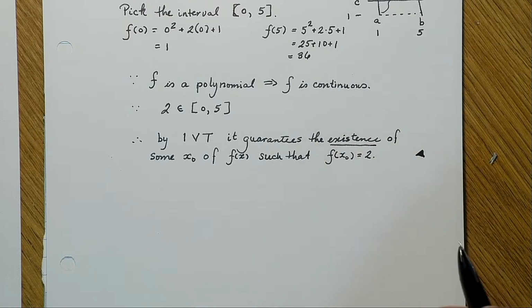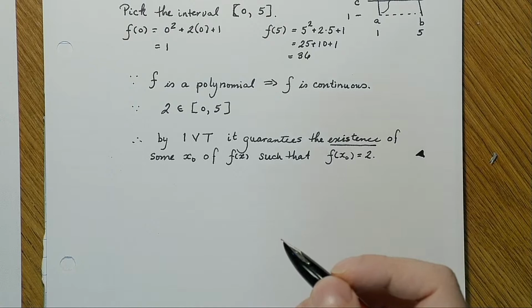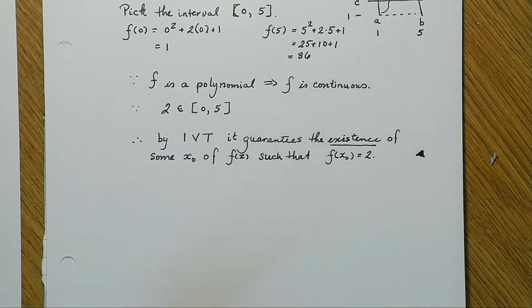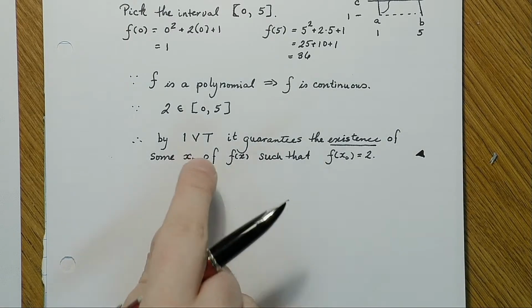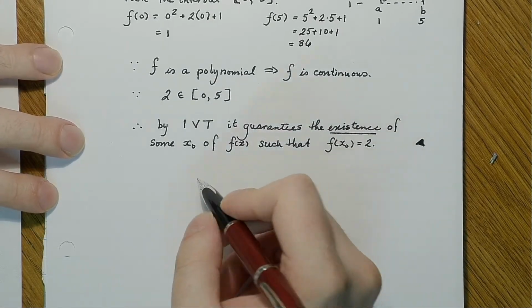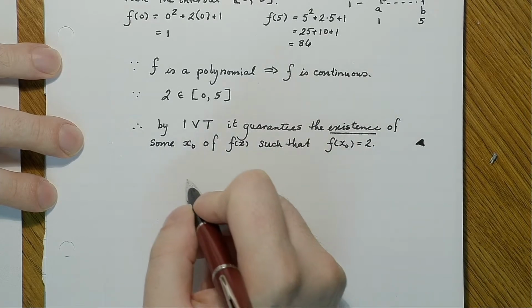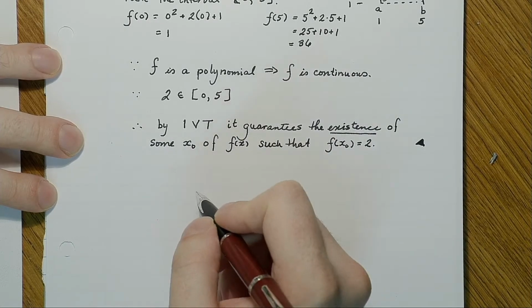So a uniqueness theorem would say that there is only one of something like that. Now, it guarantees an existence, but it doesn't actually say that there's only one of them.